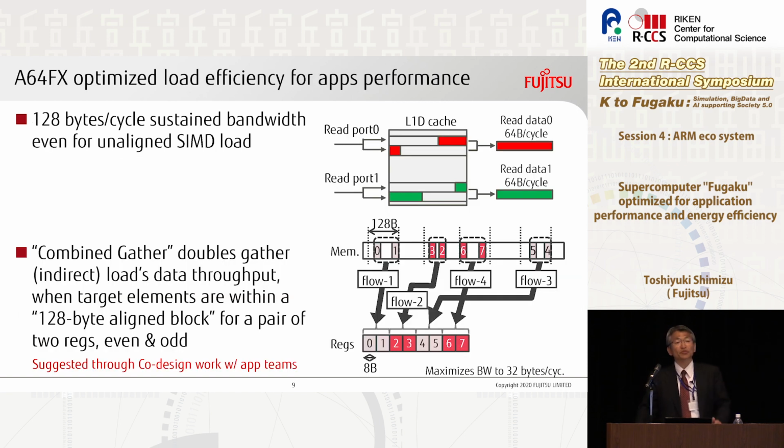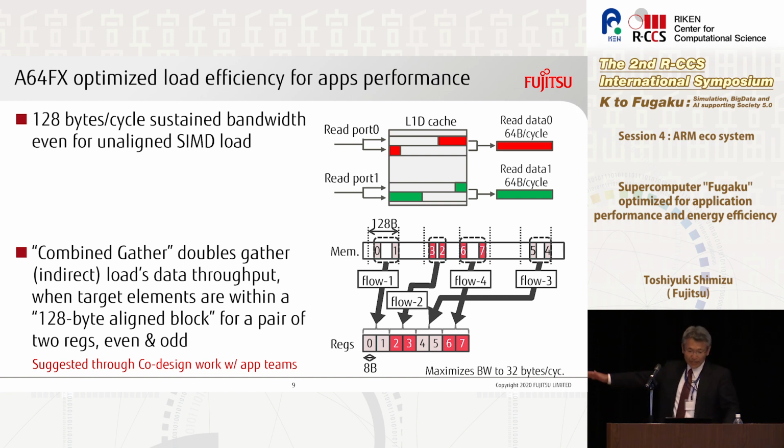This is an example of the microarchitectural optimization of the data access or data bandwidth. The upper side explains the load performance of unaligned data. It is difficult to load unaligned data at 100% peak performance, but our A64FX allows loading unaligned data at 100% throughput.